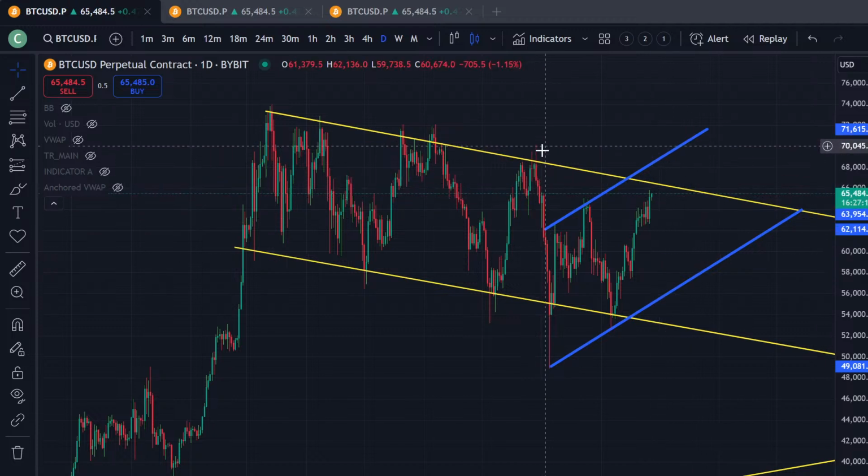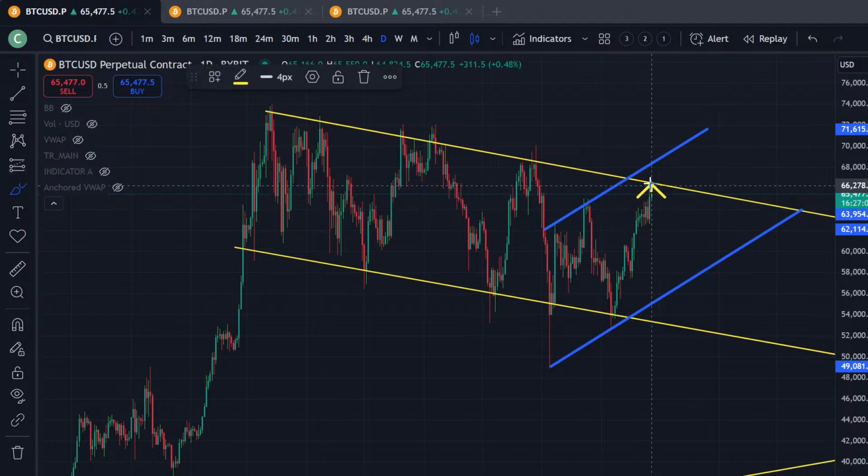We might have a little bit of deviation like we have over here. That might happen, but I don't usually expect us to take out the previous top. Maybe we can do a little bit up here and then down, maybe. So yeah, 68, possibly. That's a possibility.